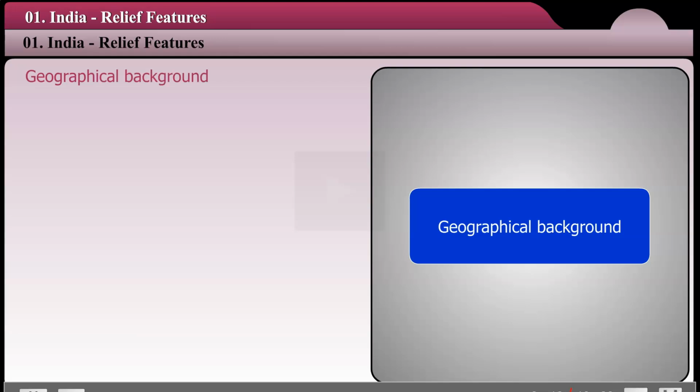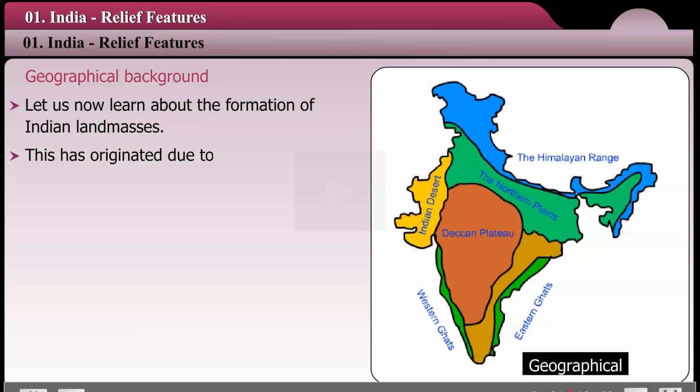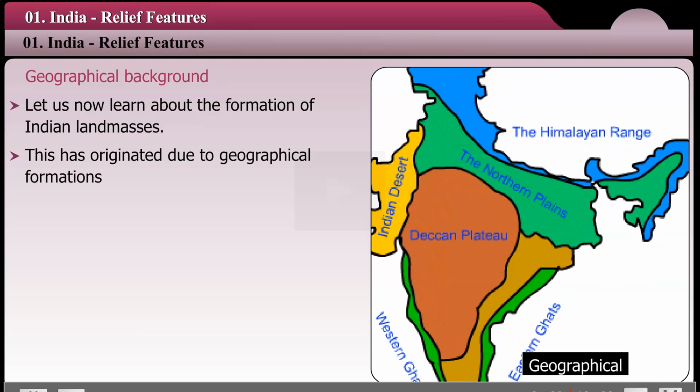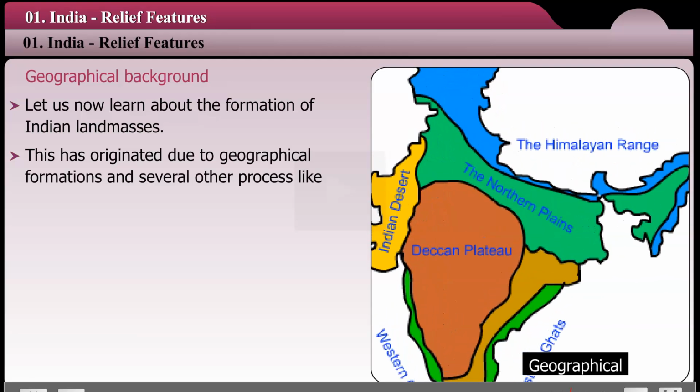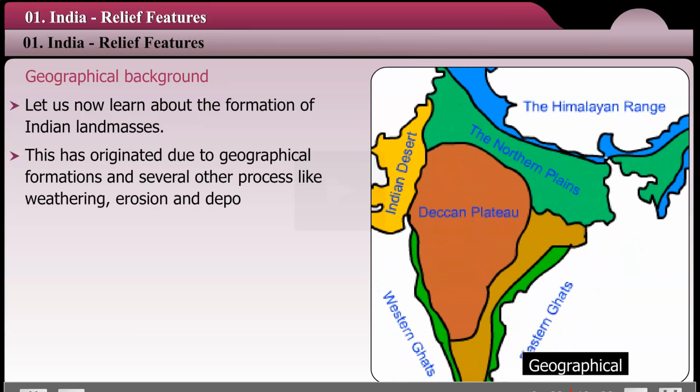Geographical background. Let us now learn about the formation of the Indian landmass. This has originated due to geographical formations and several other processes like weathering, erosion, and deposition.